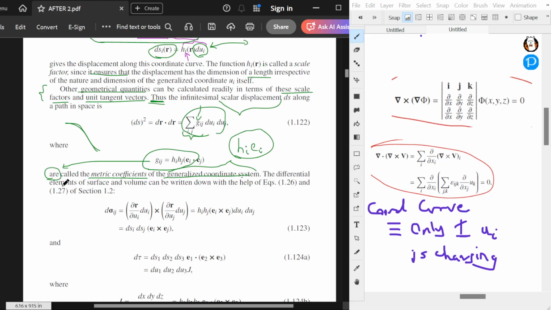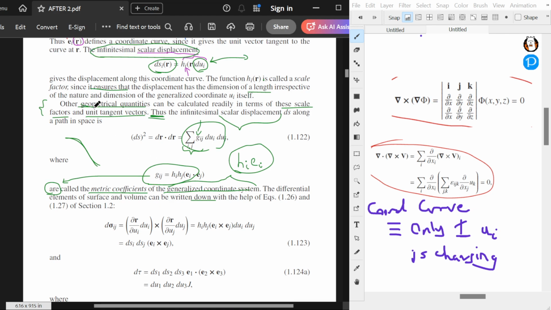The differential elements of surface and volume can be written down. Oh yeah. The geometrical quantities they're talking about are the differential area and differential volume and stuff. Is differential volume a thing? It probably is.